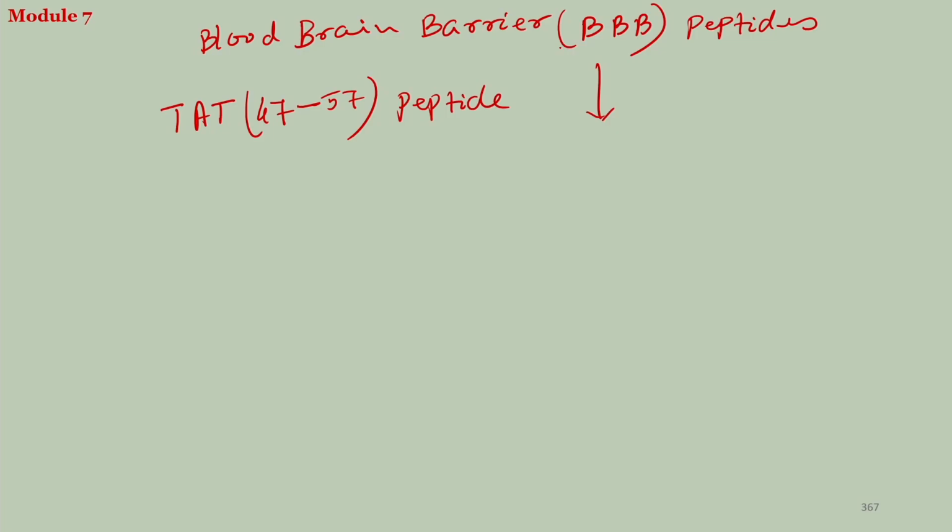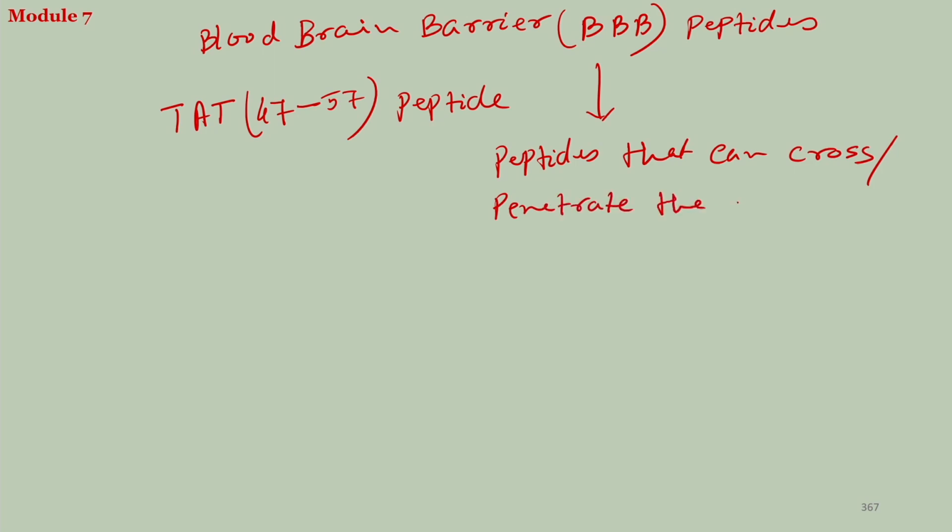So blood brain barrier peptides are peptides that can cross or penetrate the brain cells, that can actually penetrate the brain cells.